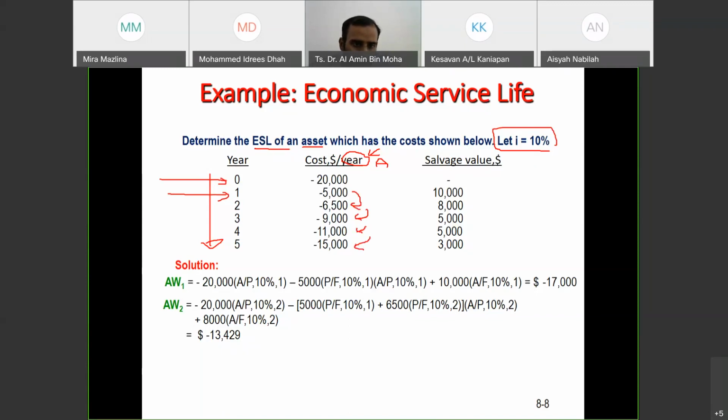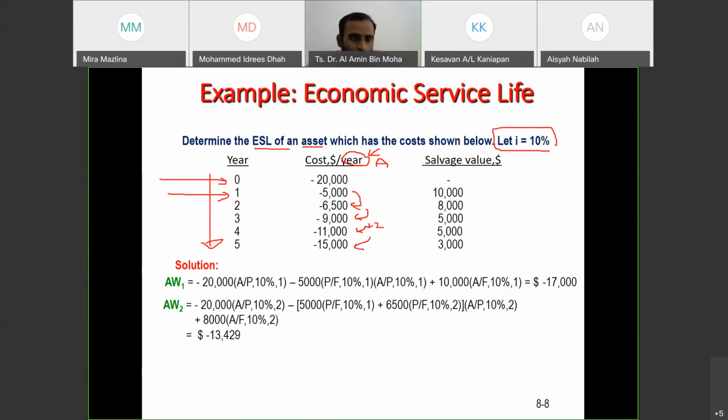So we can't really know based on this information. So we need to calculate the AW.